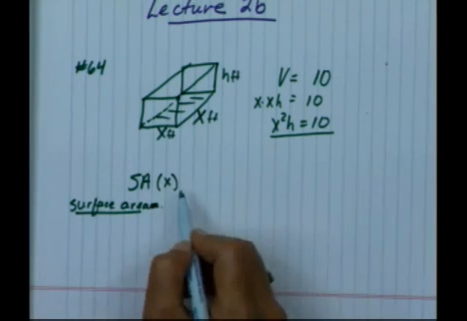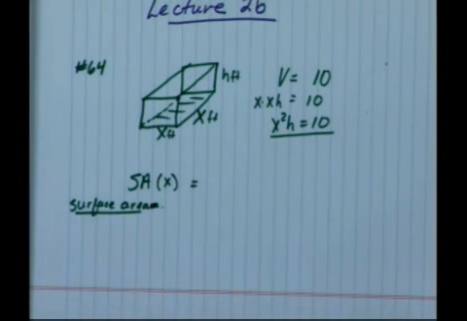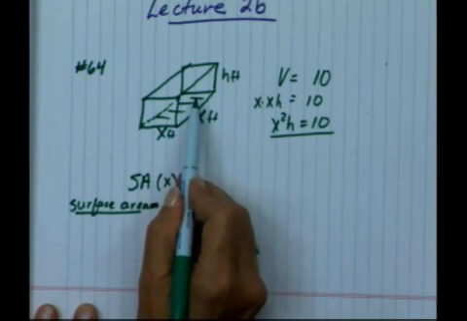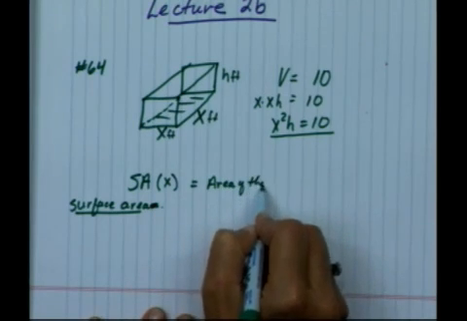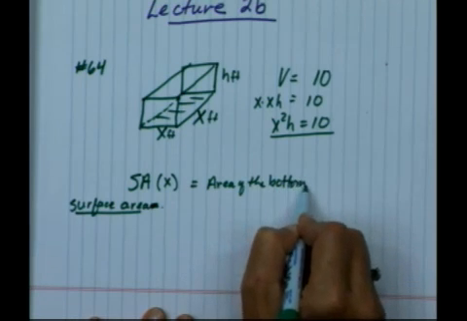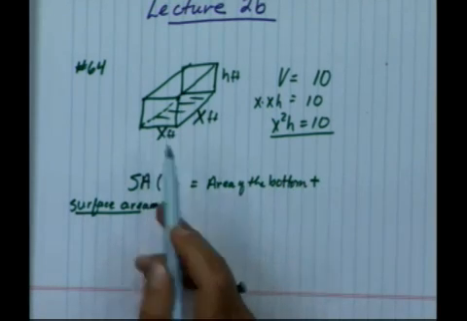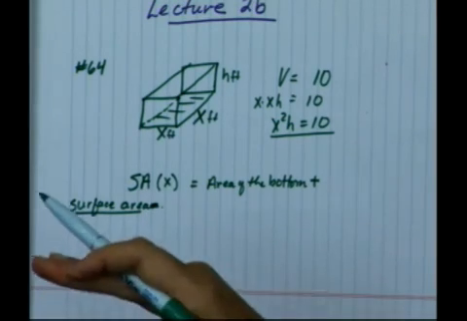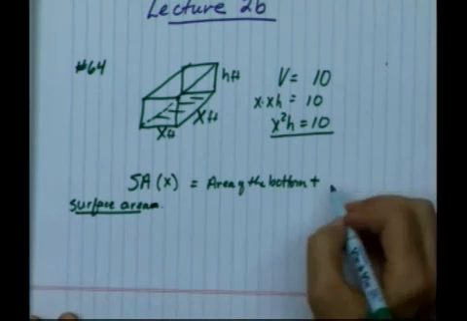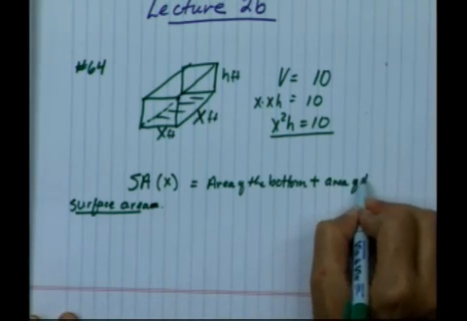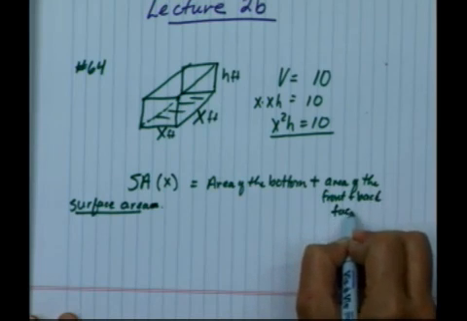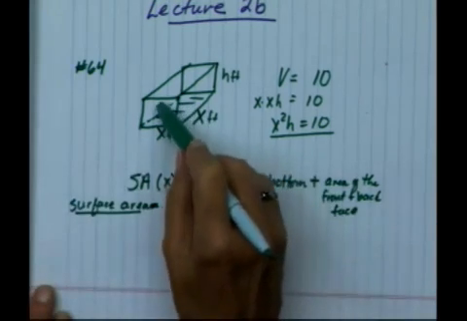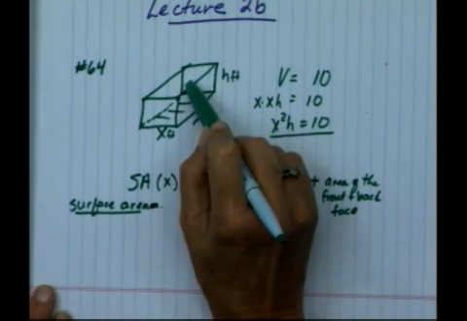All right, so we're going to start out writing in words the parts of the cardboard that make up this box. You need cardboard on the bottom, so we're going to need the area of the bottom. And then, doesn't our cardboard box have a front face and a back face? We need the area of the front and back face. So you have your front part here and your back part. Do you see that on your box?